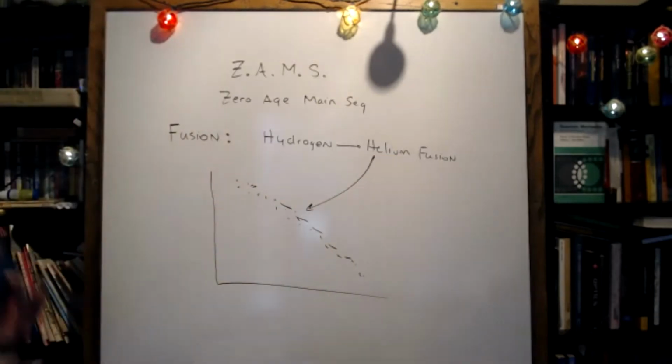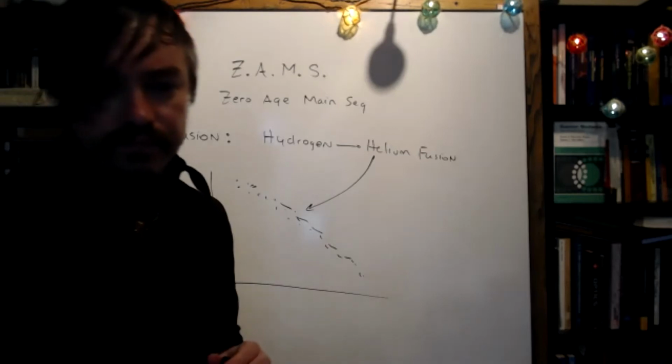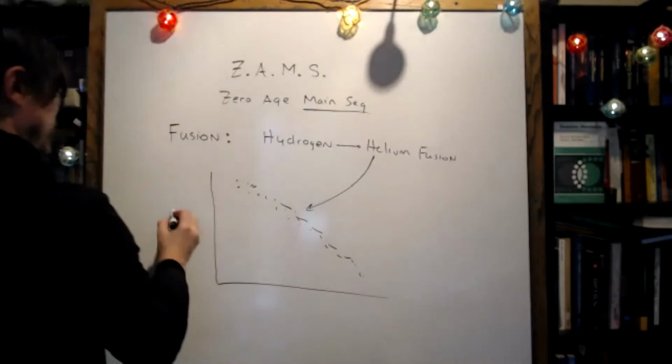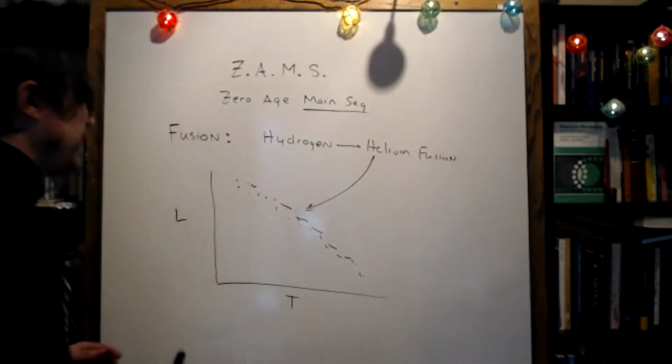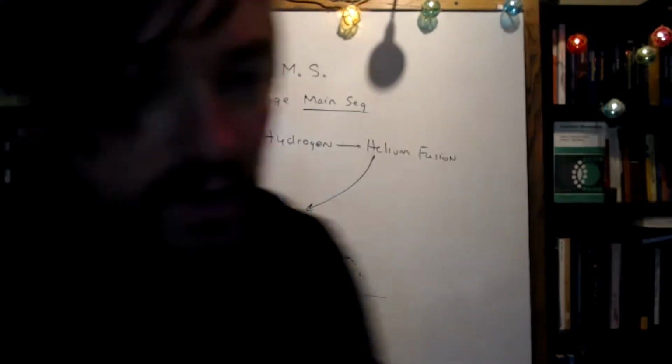And that's where it begins its life as a main sequence star. I call this the main sequence. Well, we got it right here. This is luminosity and this is temperature, right? Do you guys remember what method the sun uses to fuse hydrogen into helium? We had a whole lesson on this.